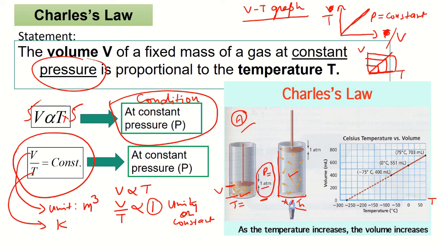So this is the Charles graph, and the x-axis is T and the y-axis is the volume, which is given in the unit of milliliter. This is the unit milliliter.